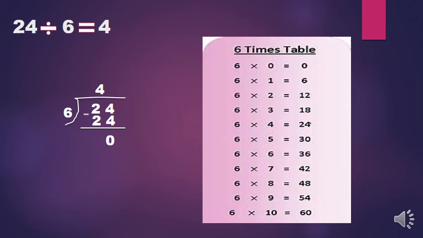So how do you read now? Write the same way: 6 fours are 24. The 4 will come upside in the quotient, and 24 will come down. Alright, 6 fours are 24. And what do you have to do? You have to minus. 4 minus 4 is 0, 2 minus 2 is 0.